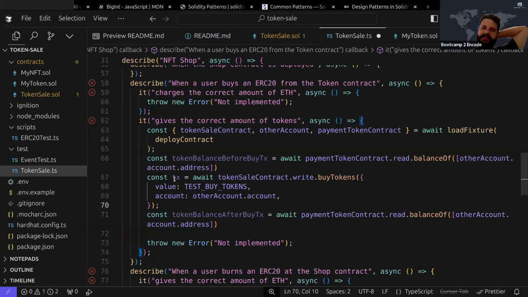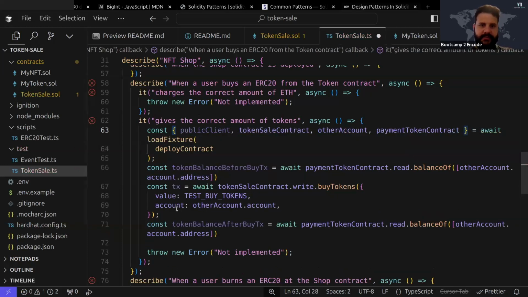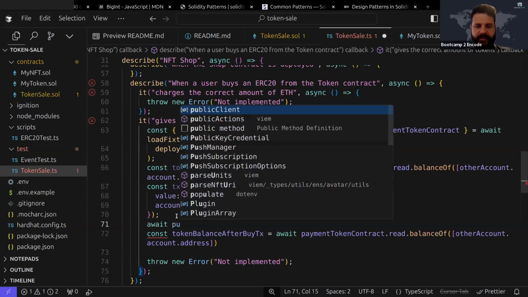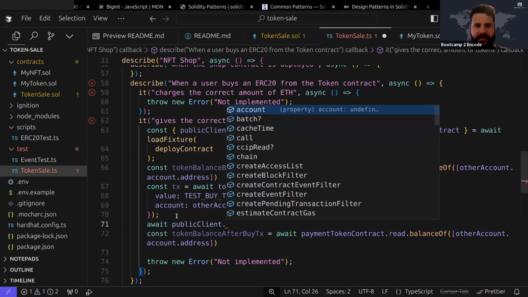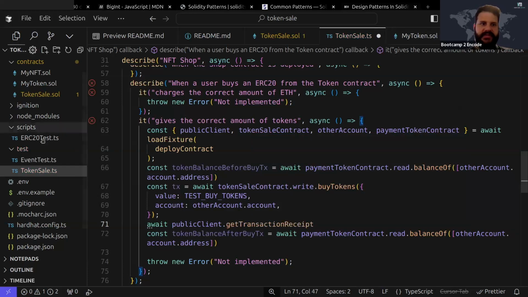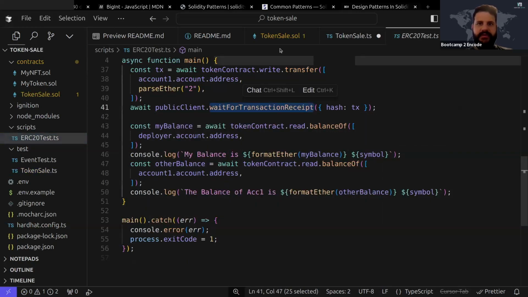If you are testing this in public testnets, it is very important to await for the confirmation. You would have the public client here, and you would have something like this: await publicClient, wait for transaction receipt, not get, sorry.